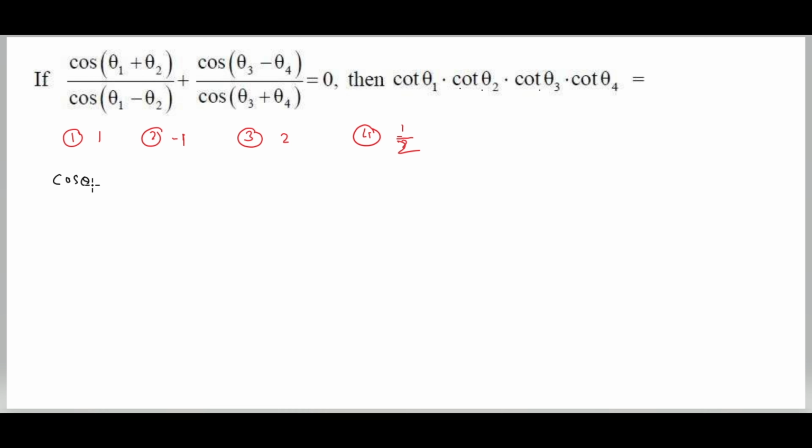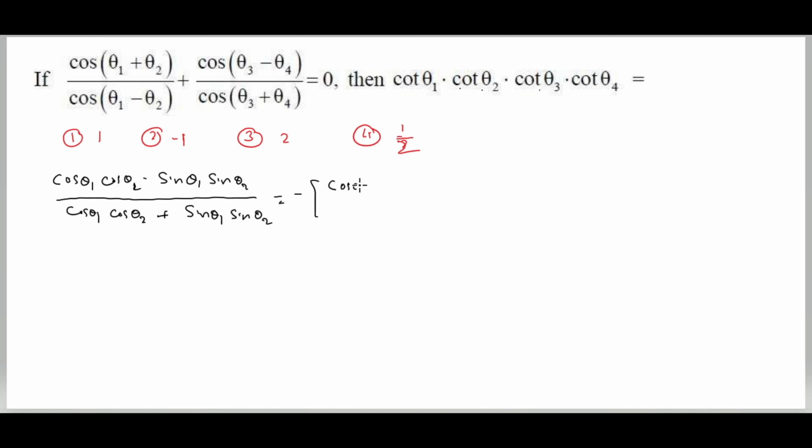is cos theta 1 cos theta 2 minus sin theta 1 into sin theta 2 by cos of a minus b form, that is cos theta 1 cos theta 2 plus sin theta 1 into sin theta 2 is equal to minus of cos of a minus b, that is cos theta 3 cos theta 4 plus sin theta 3 sin theta 4 by cos of a plus b, that is cos theta 3 cos theta 4 minus sin theta 3 sin theta 4.